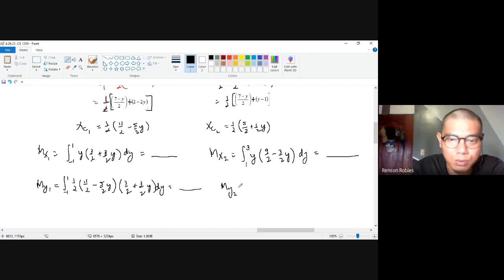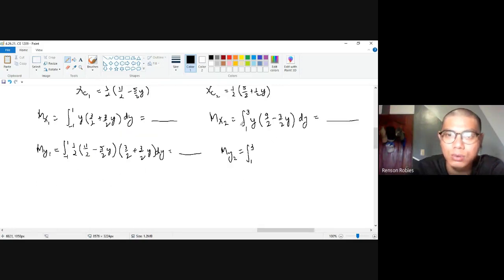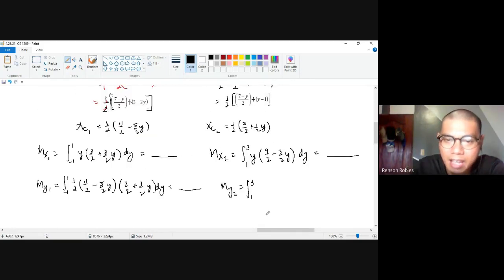Moment in y2 from 1 to 3. So that's xc2. That's 1 half, 5 halves plus 1 half y times the differential of area. Ito yung differential of area. 9 halves minus 3 halves y dy. Yan. Integrate.